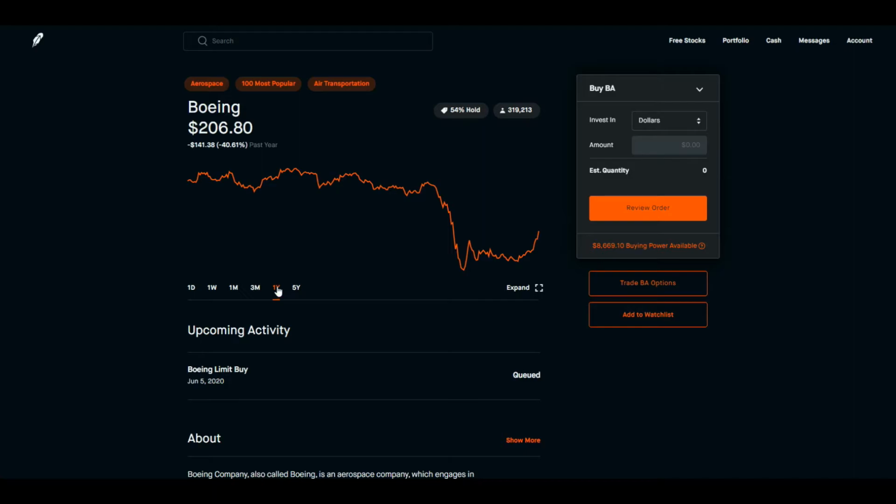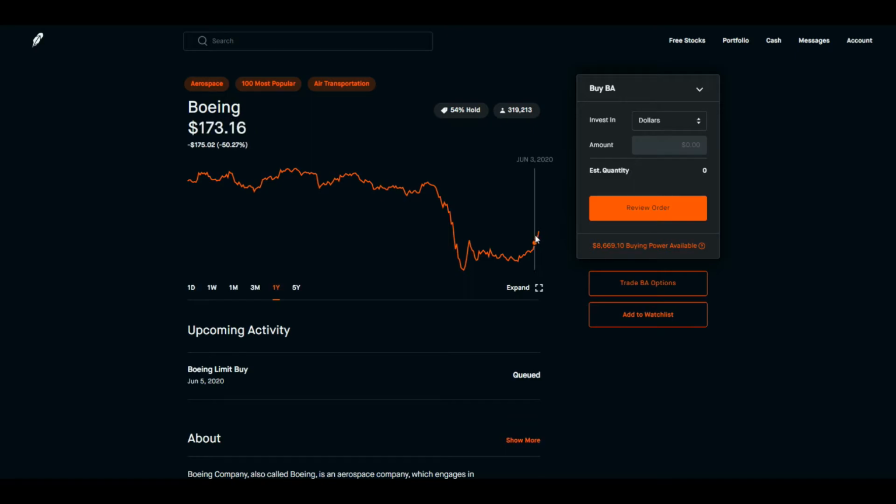And if you do some technical analysis, we see that last time Boeing just jumped from the stock market crash, which was right here, it went all the way back up to 180. Now it's trading at $206, which is our time today.